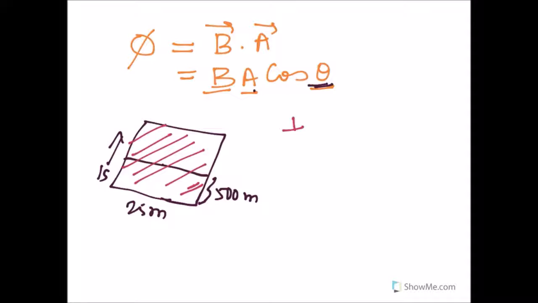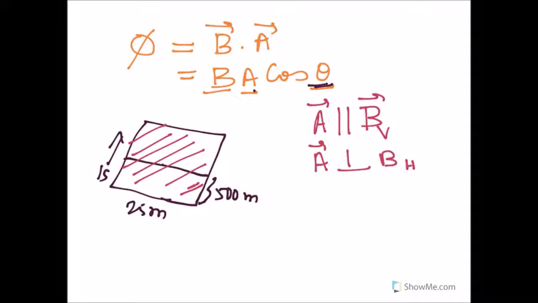So the area vector would be parallel to the vertical component of the magnetic field, and the area vector will be perpendicular to the horizontal component of the magnetic field. In this case, theta becomes equal to 90 degrees and cos theta becomes equal to 0.